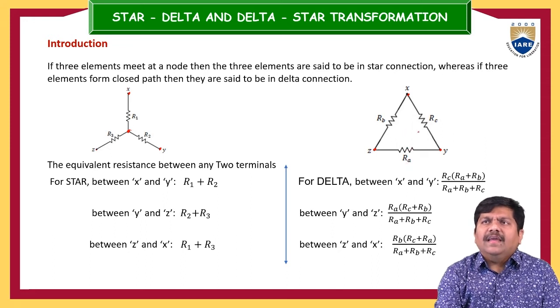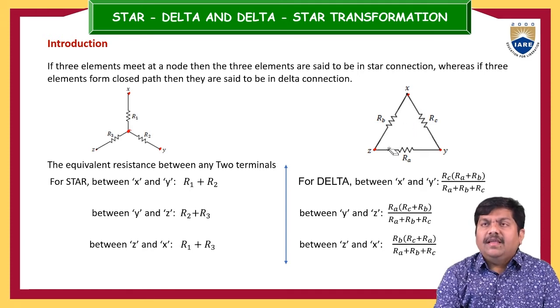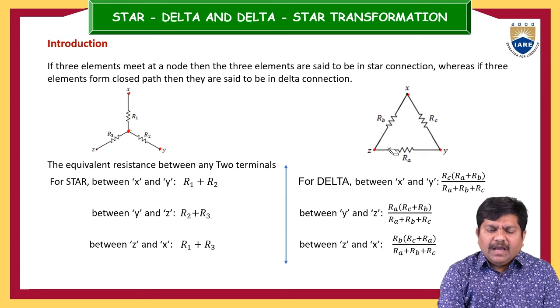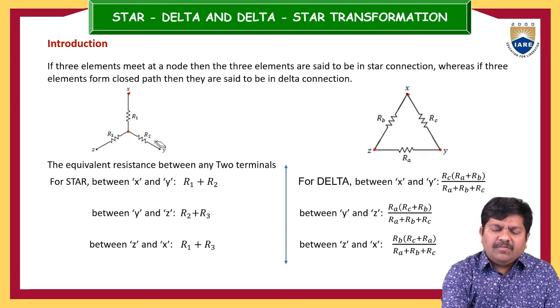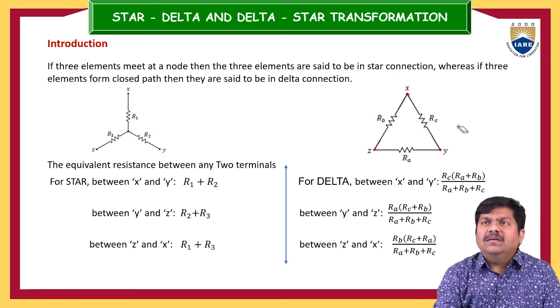Like this, RA, RB, RC form a closed path. This is called a delta configuration. So here I am presenting what the star configuration is and what the delta configuration is.